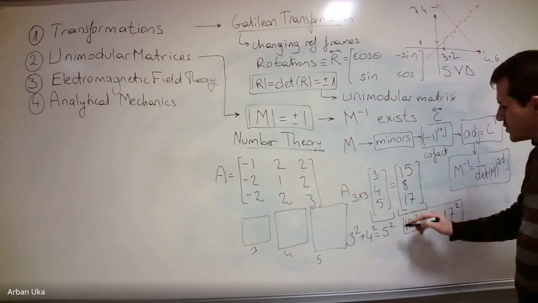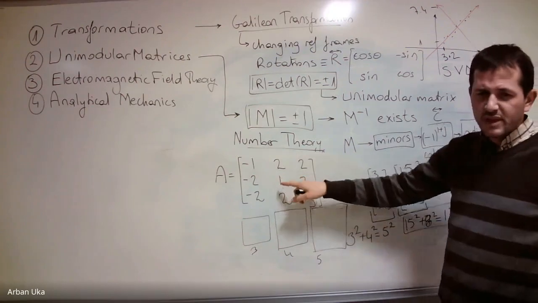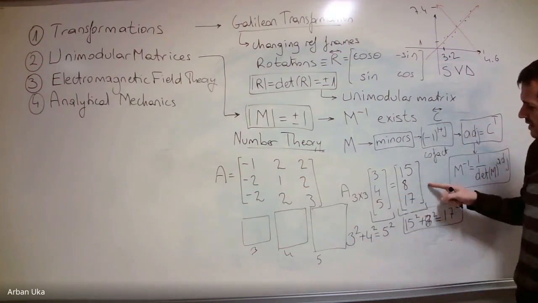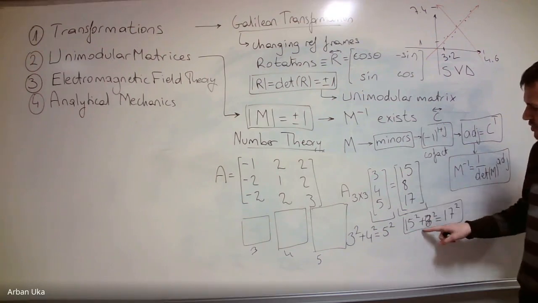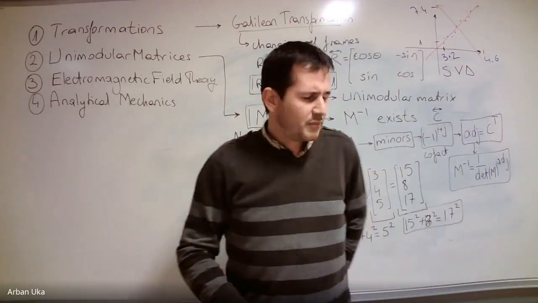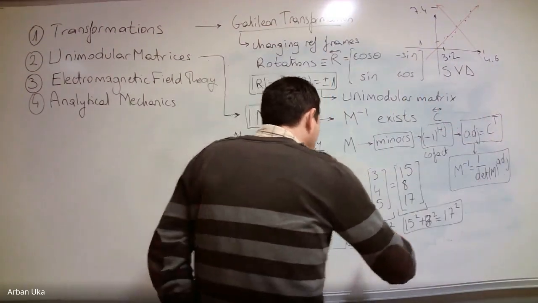That's good. So we have a unimodular matrix which we apply onto an initial vector, and we get another triplet of numbers, and we preserve this beautiful property, which we can call the Pythagorean triplets. So I can write this over here.